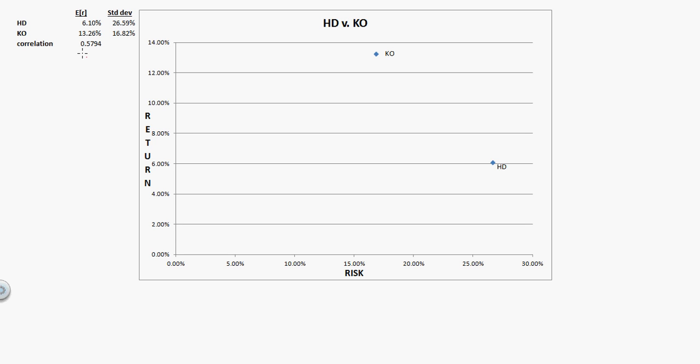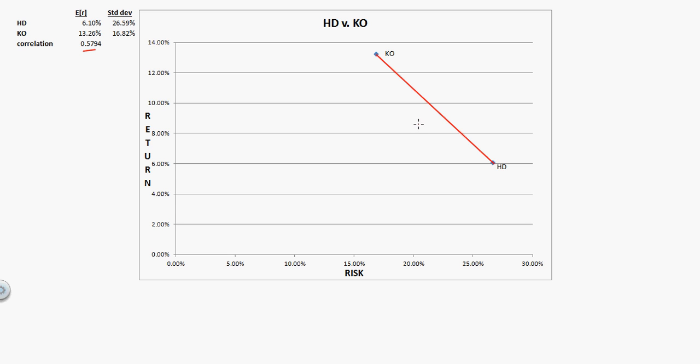Well, it's going to have to do with this correlation number because it's going to give me potentially some diversification benefit. So let me draw this line. If these two stocks were perfectly correlated, if their correlation was 1, I would have no diversification benefit at all. That means my possible portfolios would be on this red line.